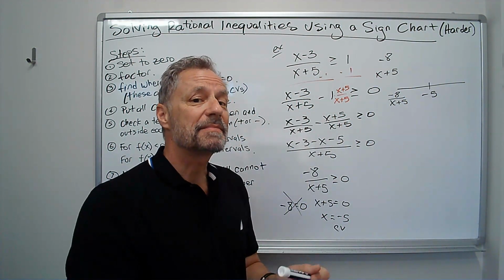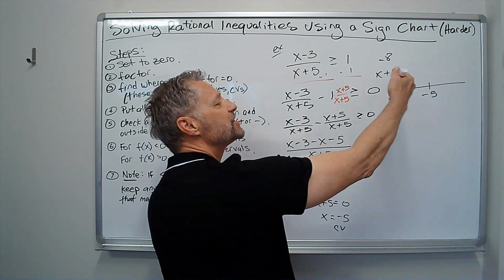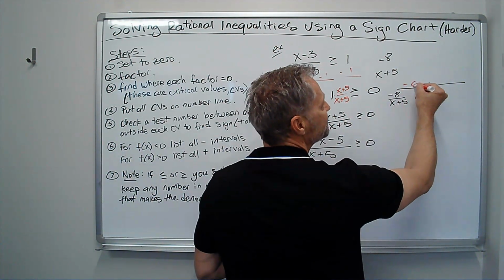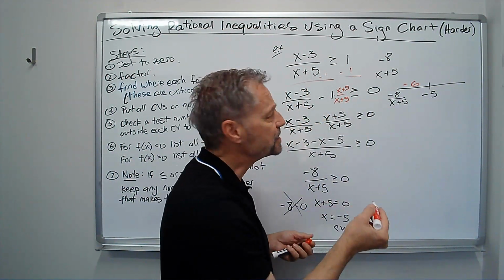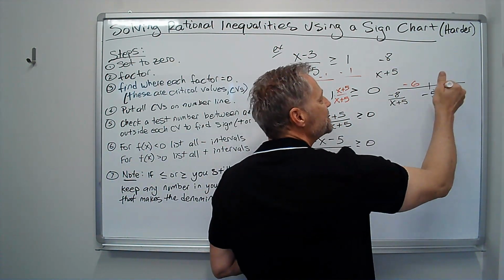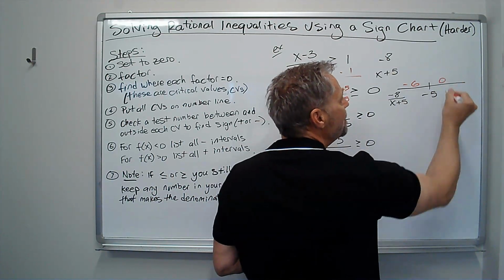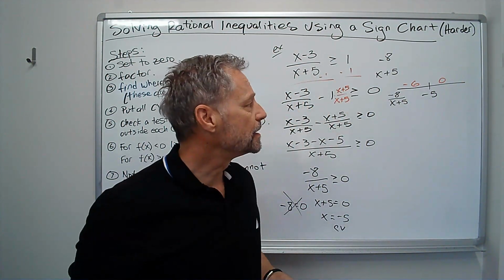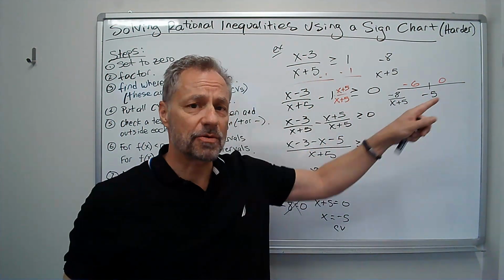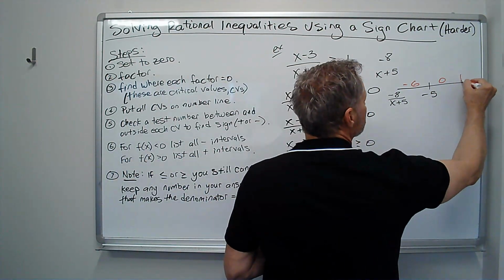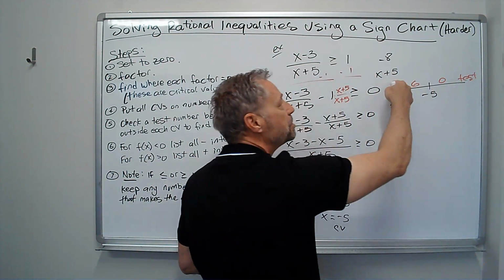What I'm going to do is test a number to the left of negative 5, maybe negative 6 or negative 10, something. And a number to the right of negative 5, maybe negative 4. I'm going to plug in 0 because I can. It just has to be any number to the right of negative 5. These are my test numbers. I plug them in here.